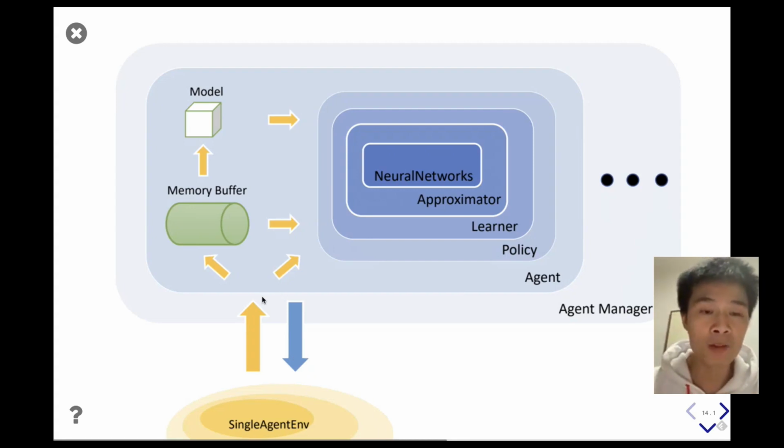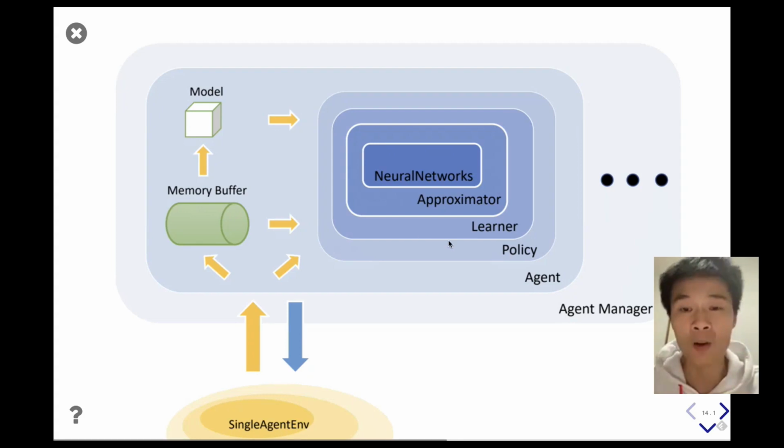But at some proper time, the agent will decide that now it's time to optimize our policy. Then it will automatically sample an experience batch from the memory buffer, or people would call it experience replay buffer, and then send the batch to the policy, and call the policy to optimize itself.